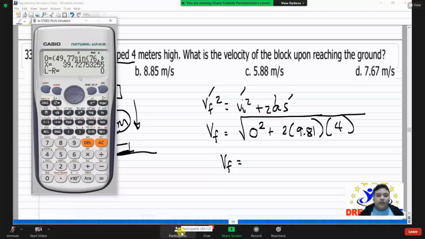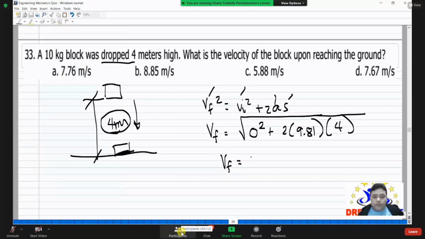Nag-accelerate siya kapag pababa yung motion. So 0 plus 2 times 9.81 times 4. So this is equal to 8.85 meters per second. Letter B, or 8.86. Ito lang naman yung malapit.